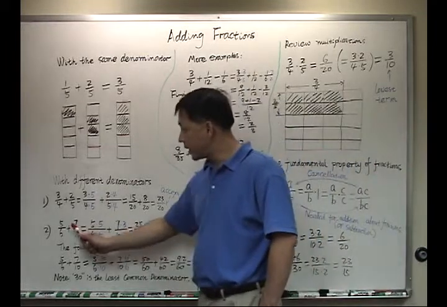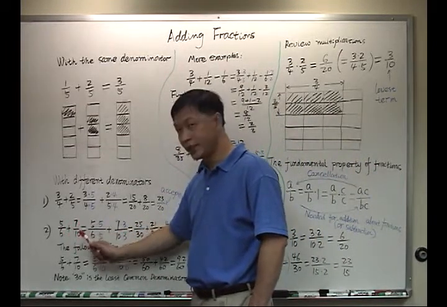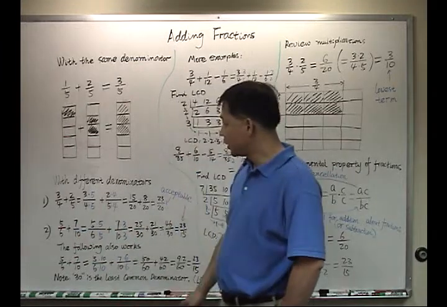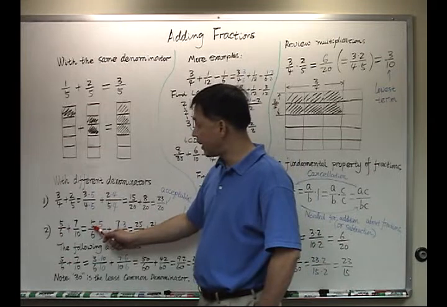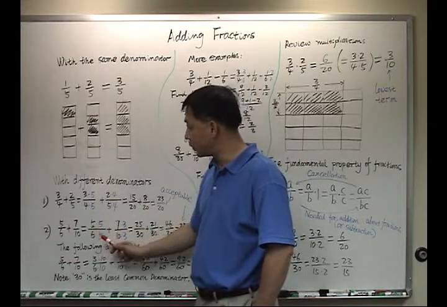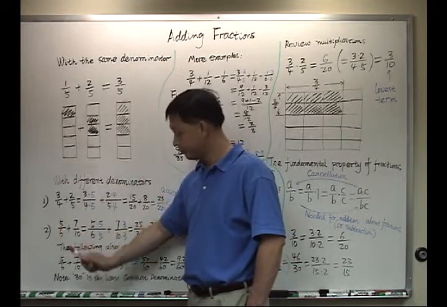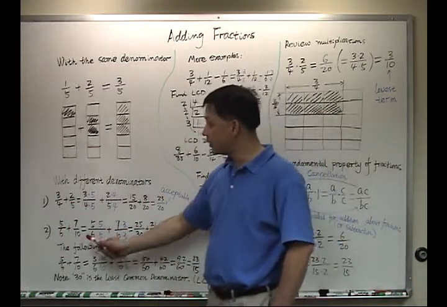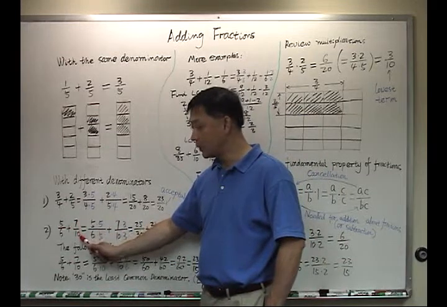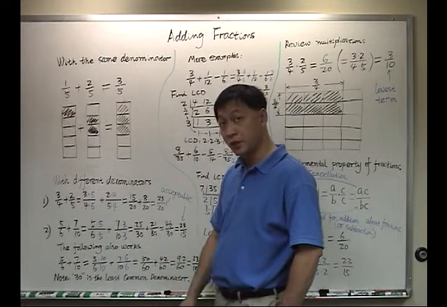Now we look at 5/6 plus 7/10. 5/6 equals 5 times 5 over 6 times 5, because if you cancel those 5s, it goes back to 5/6. Same thing happens for 7/10, because 3 can be cancelled.